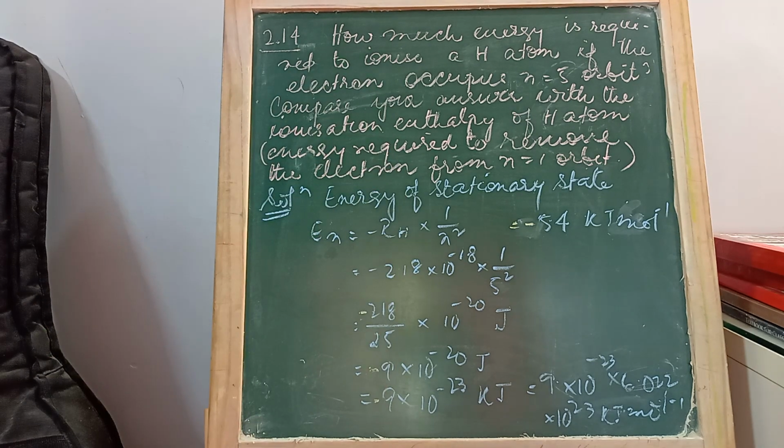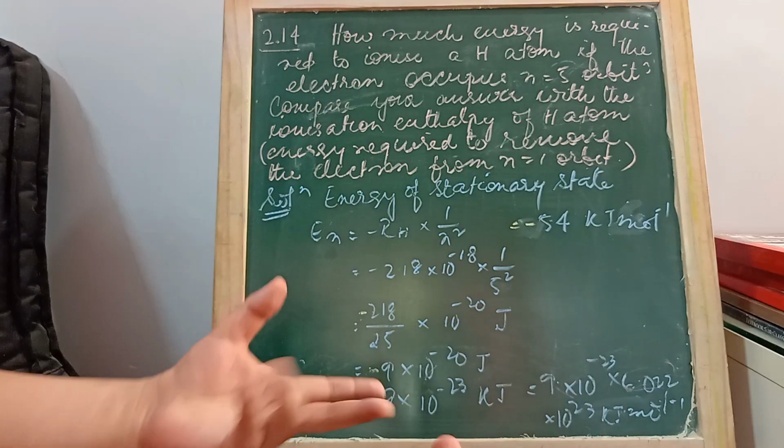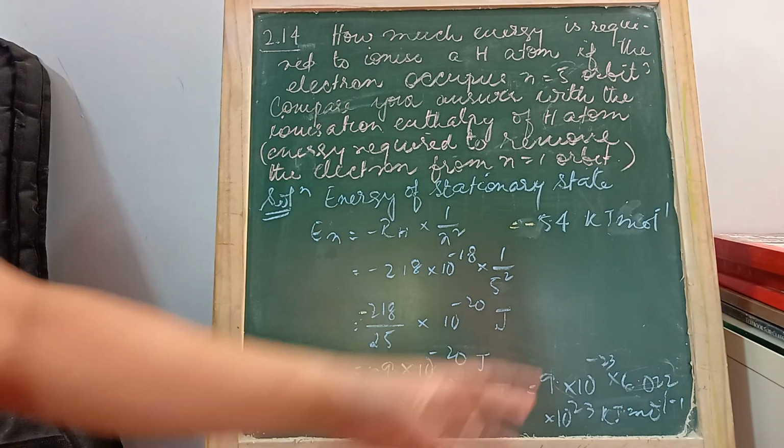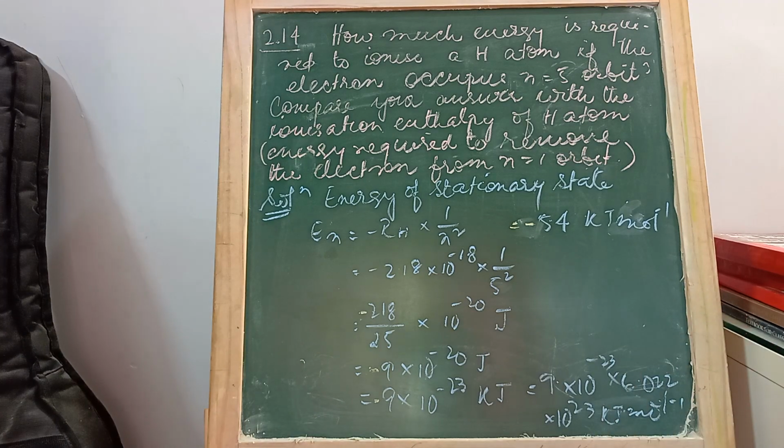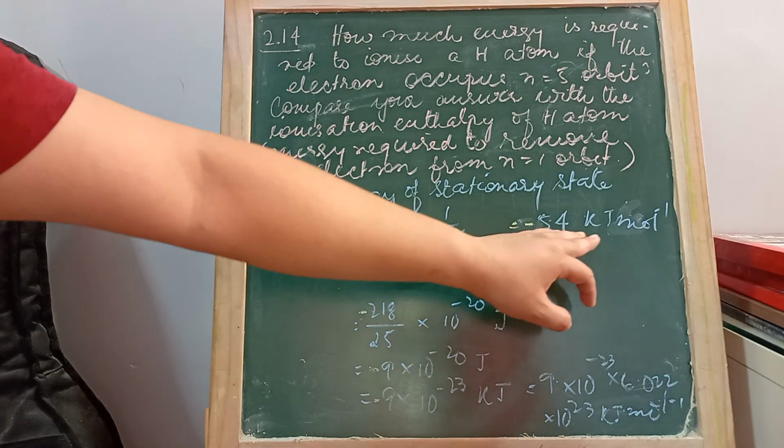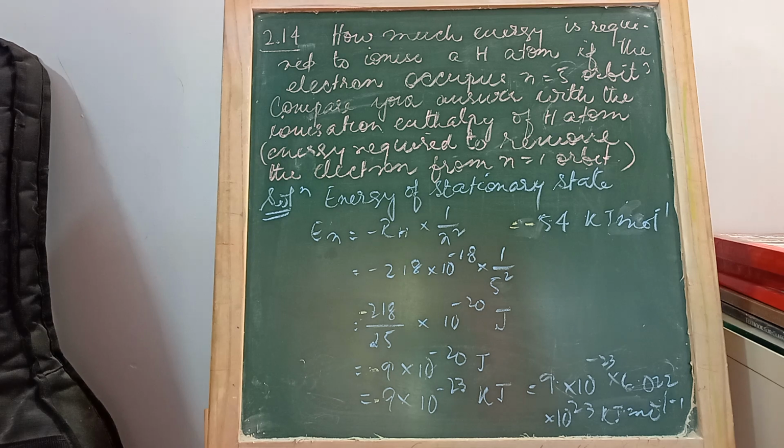If the question says you need to calculate for 1 mole, what will you do? 1 mole means what? Avogadro number, that is 6.022 into 10 to the power 23. So multiply by it. So it becomes minus 54 kilojoules per mole. I hope this is quite understandable.